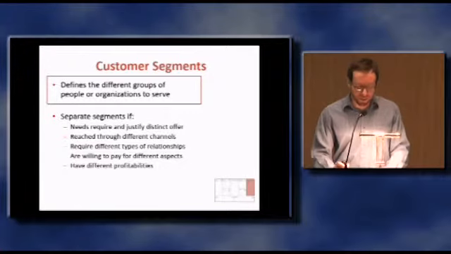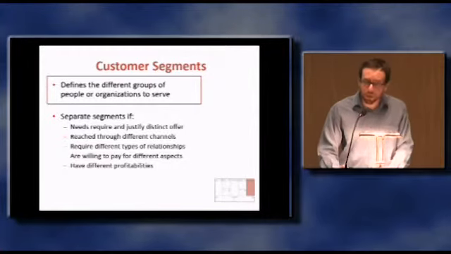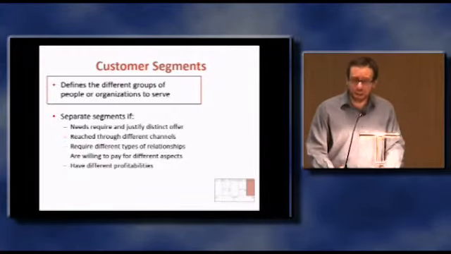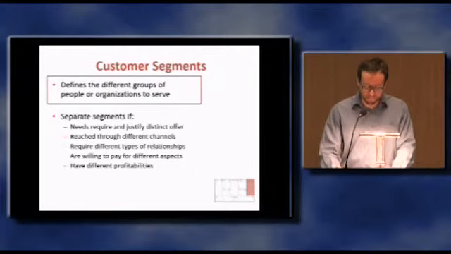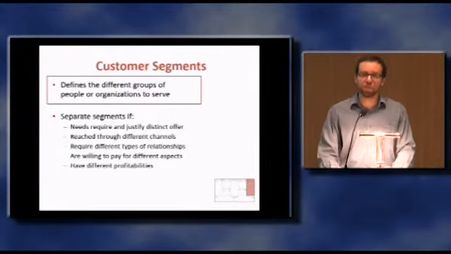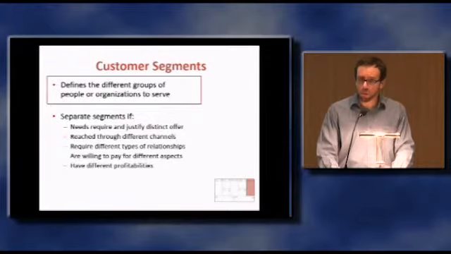The customer segments define the different groups of people or organizations your company or your business serves. These customer segments may exist in different markets. They may refer, for instance, to a mass market, one large group which may be comprising of only one segment, or maybe to a niche market, or to slightly different customer groups.